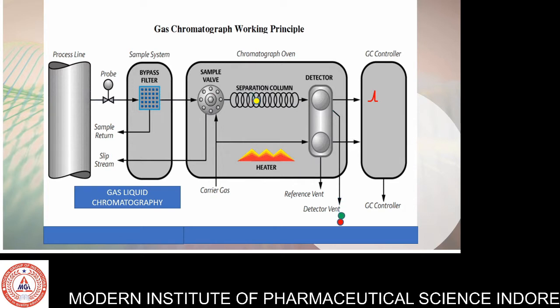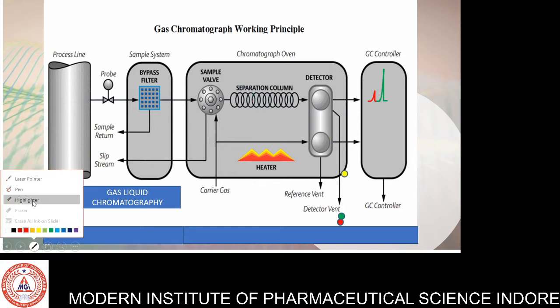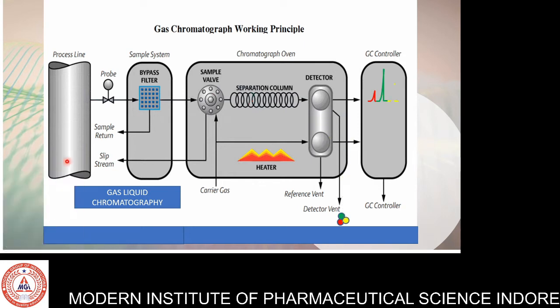In this tank, carrier gas from the tank passes through a flow meter, whose flow rate is 1 to 1000 ml per minute, a capillary restrictor, and a pressure gauge of 1 to 4 atm. Here is the sample injector system.